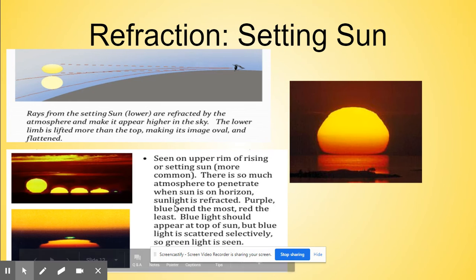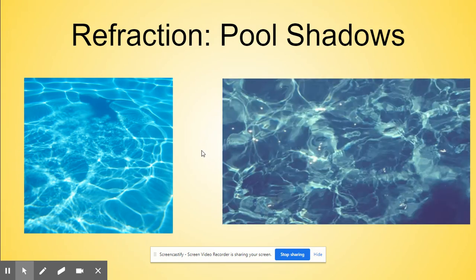The blue light should appear at the top of the sun, but blue light is scattered selectively, so the green light is seen. Here's another diagram showing rays from the setting sun are refracted by the atmosphere and make it appear higher in the sky. The lower limb is lifted more than the top, making its image oval and flattened.